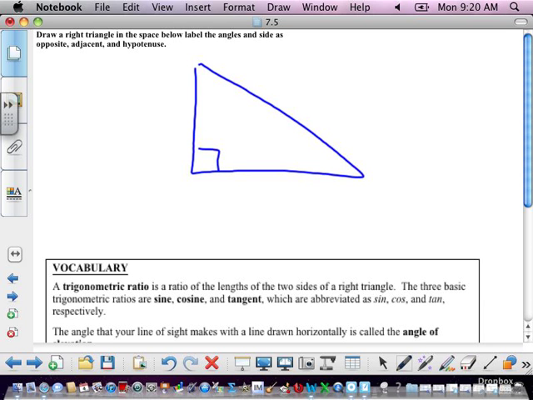So pick an angle, circle that angle, so I know which one you chose. Which one's the hypotenuse? That should be easy. Then you're going to tell me which one's adjacent to that angle, which one's opposite that angle.